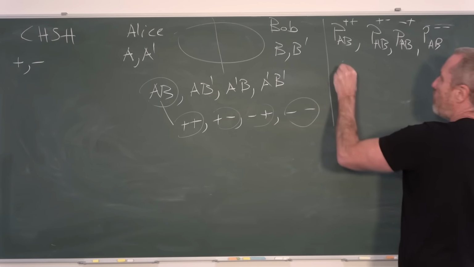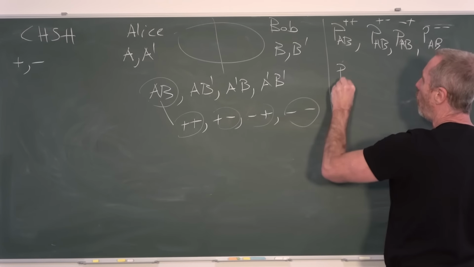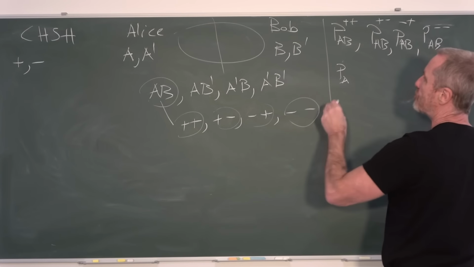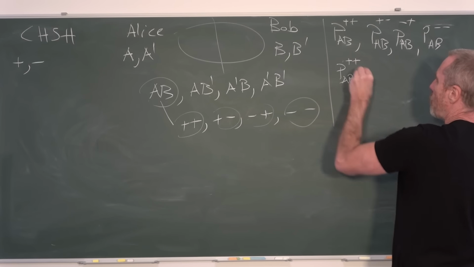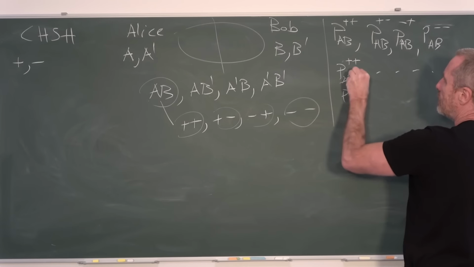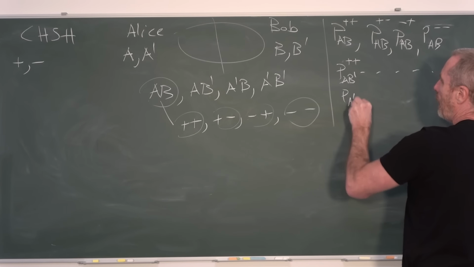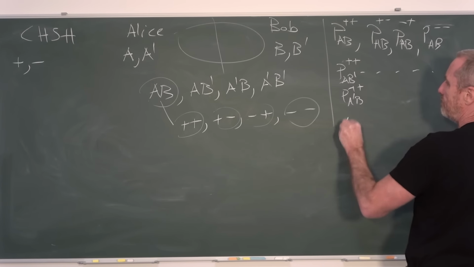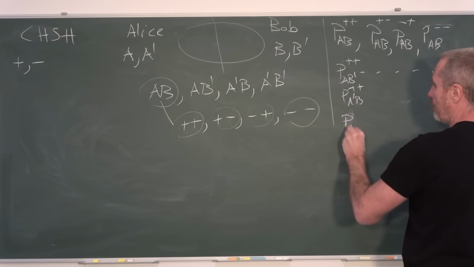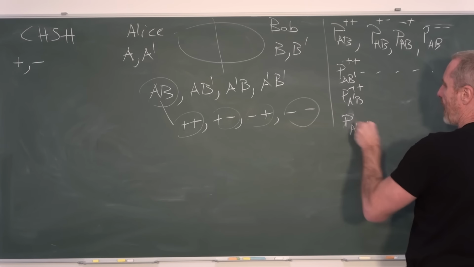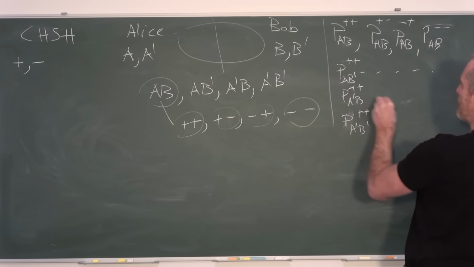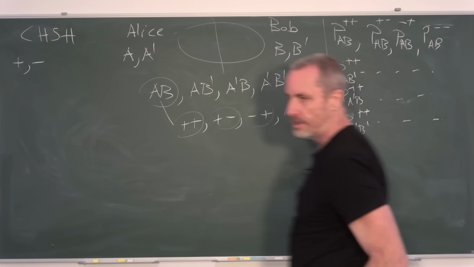And of course, they will do the same for all these four joint measurements. So they will collect all these joint probabilities. Okay, so we can collect an entire table of probabilities. I will not write them all here.